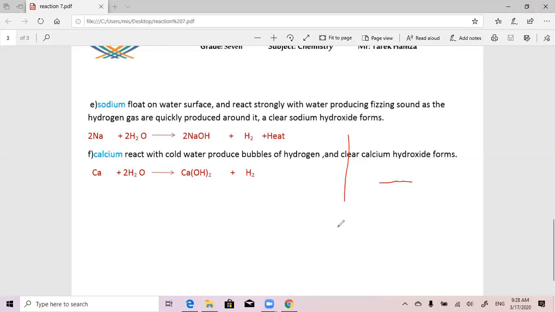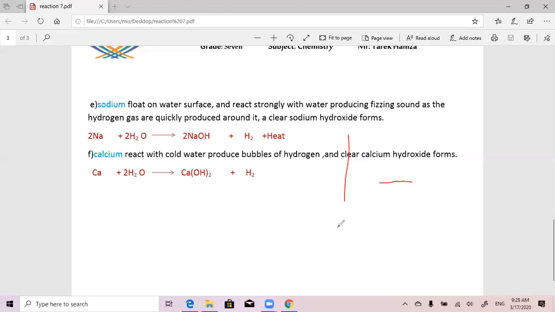The reaction of calcium with water produces two products: the first, hydrogen, and the second, calcium hydroxide.